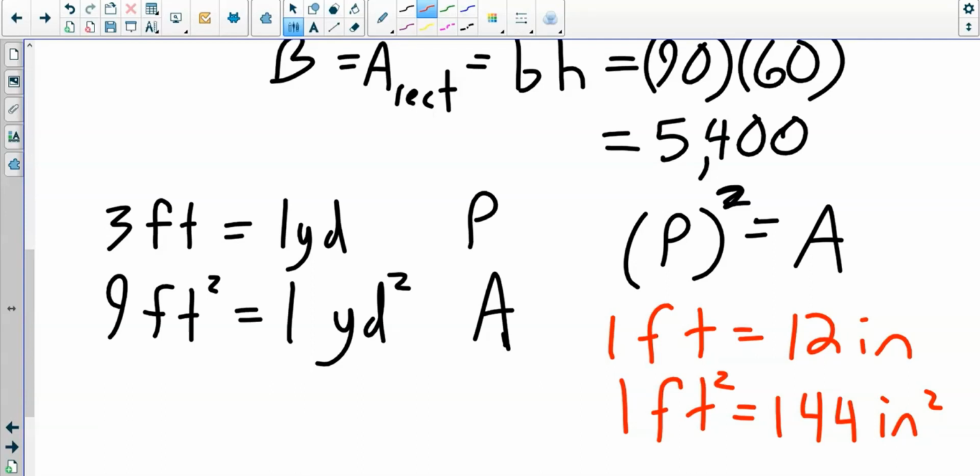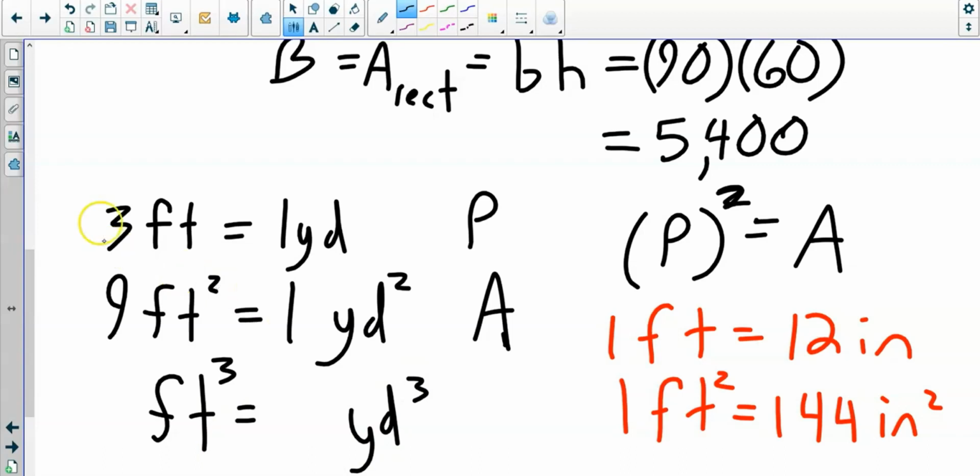Now look at this. Let's see if I can get you to make the right conclusion. We now want to talk about feet cubed and yards cubed. Do you think that there exists a relationship between the perimeter and the volume?